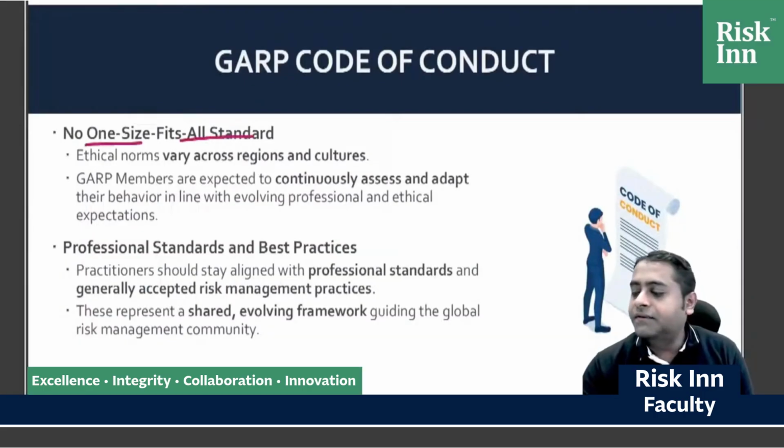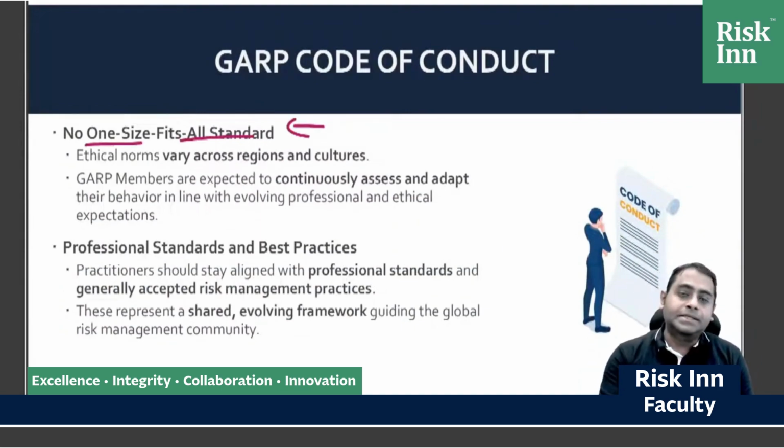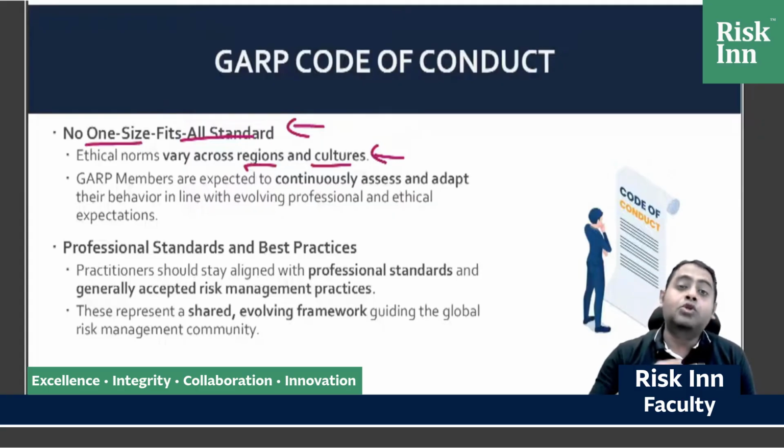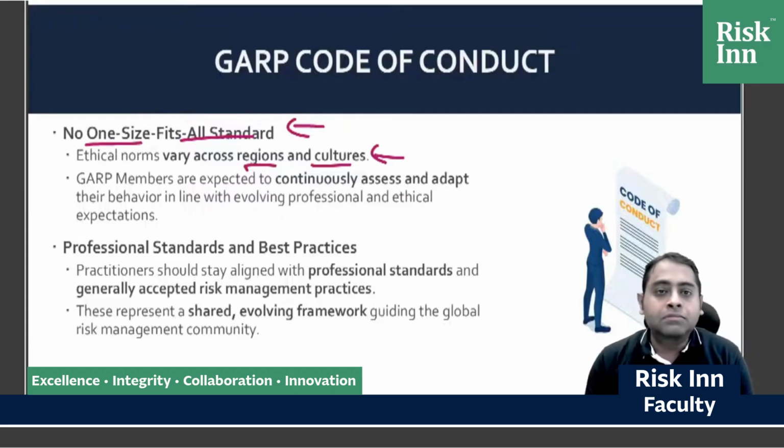One size does not fit all for a standard. Generally, we cannot have a GARP Code of Conduct, or basically any standard, which is explicitly written for everybody globally. It is not possible, right? Every region, every country, every culture is going to be different. Something that is normal in, say, African countries might not be normal in the US.